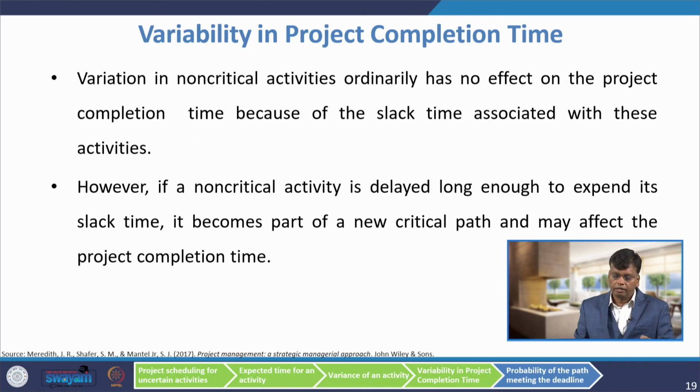Variation in non-critical activity ordinarily has no effect on the project completion time, because of the slack time associated with these activities. So, you need not bother about the variance for the non-critical activities. However, if a non-critical activity is delayed long enough to expend its slack time, it becomes part of a new critical path and that may affect the project completion time.